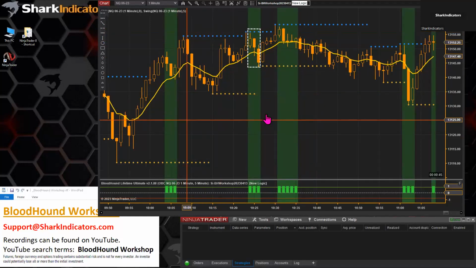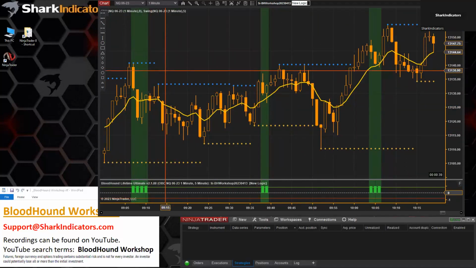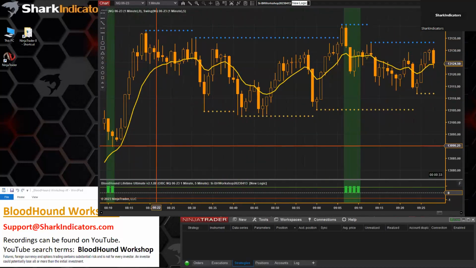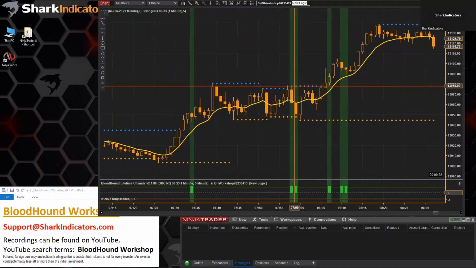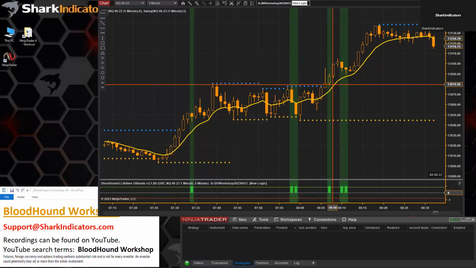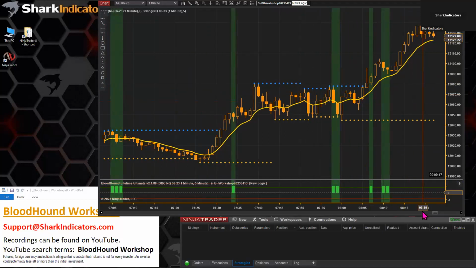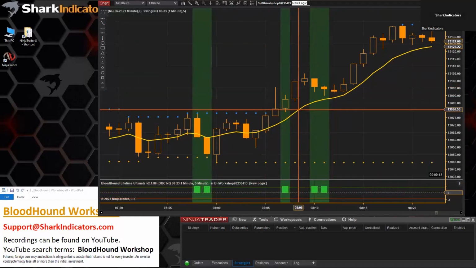Let's see, yeah, we were just looking at those. All right, so again, I'm just analyzing these pullback signals. What we're looking at right now are the pullback signals. And here is a good example of what I want to see.